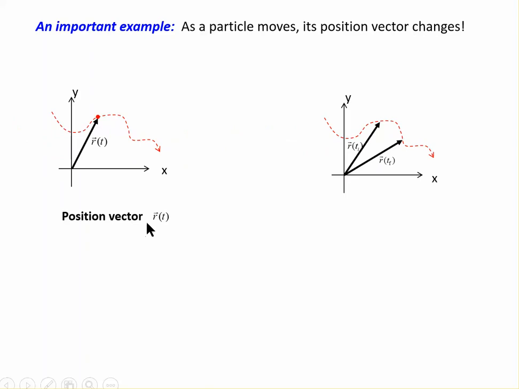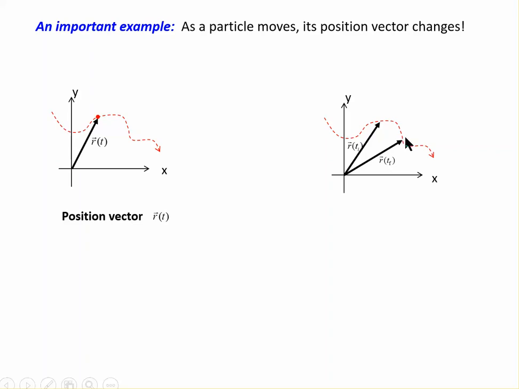Suppose, for example, that at some initial time, the particle was here, and so I drew this position vector pointing to the current position of the particle at time t initial. Then at some time later, the particle has moved along and gotten to this point. So here's the new position vector, the position at time t final.